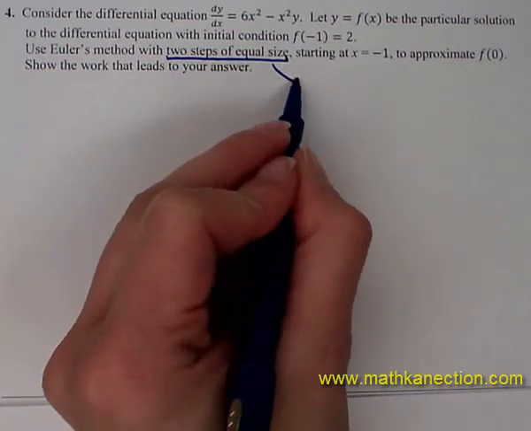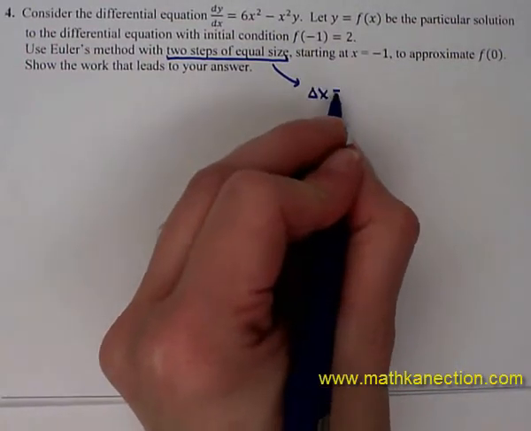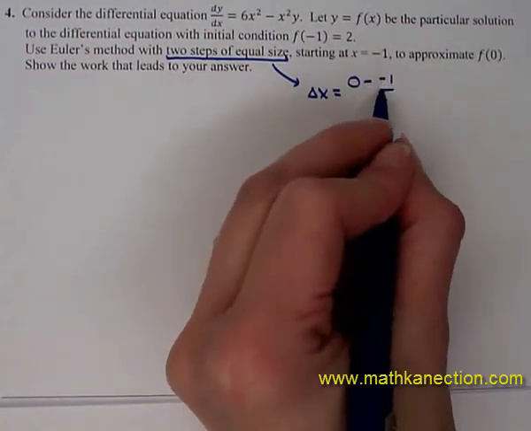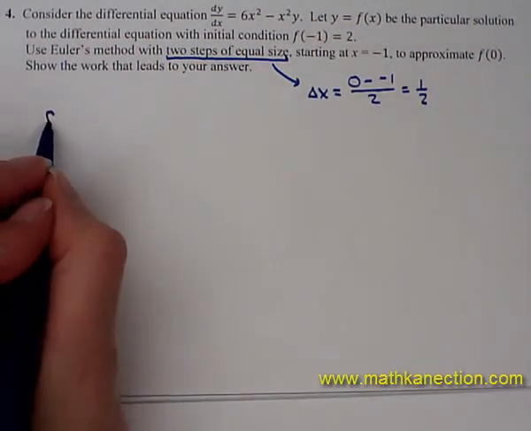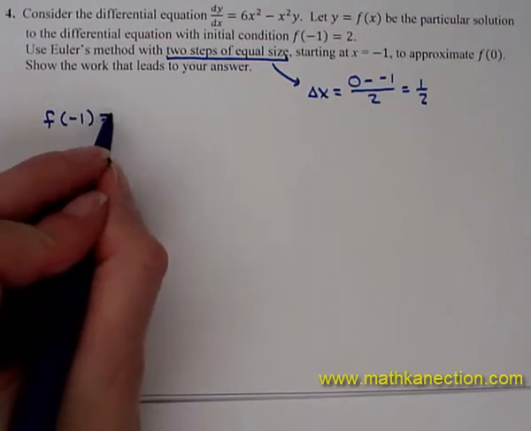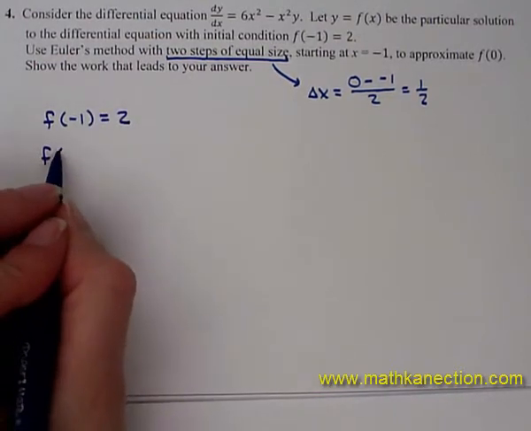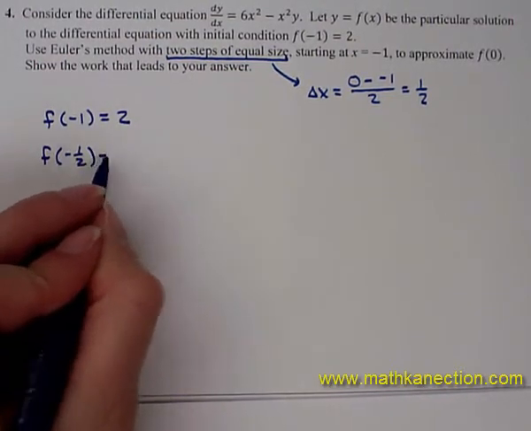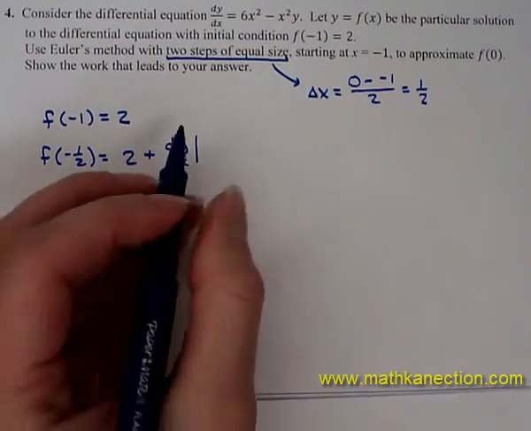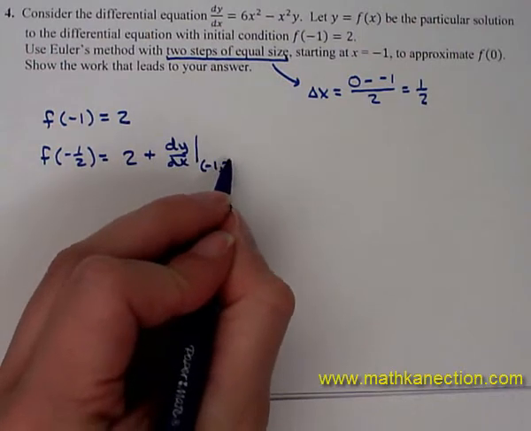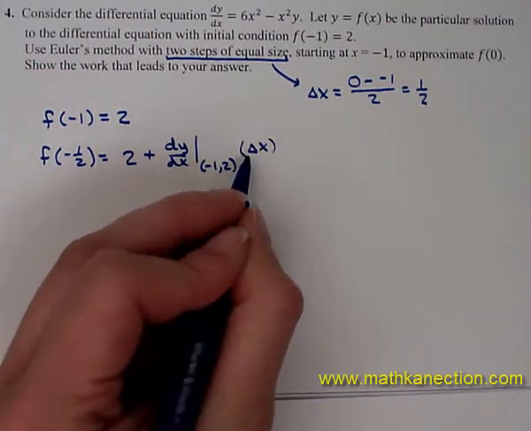Again, using two steps of equal size, delta x is equal to (b minus a) over n, n being the two steps, so 0 minus -1 over 2, which is 1/2. The original condition was f of -1 is equal to 2. Adding on a half, we'll have f of -1/2, taking that y value of 2 plus the slope calculated at that point (-1, 2), multiplied by the delta x.